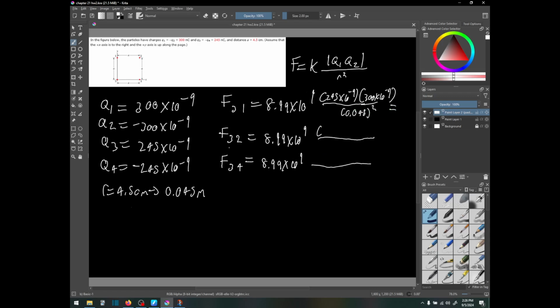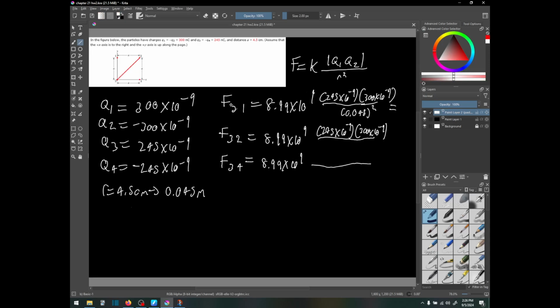Same thing here. This is 3, 2. So this one's going to be 245 times 10 to the negative 9, 300 times 10 to the negative 9, except our R here is not given outright. We need to find that distance.